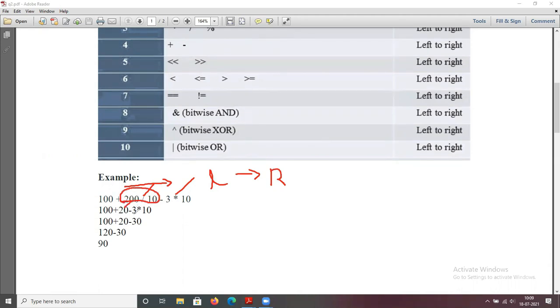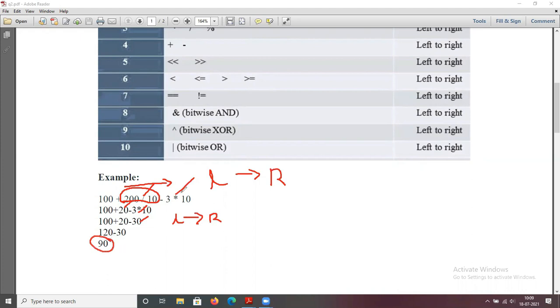Next, among plus, minus and asterisk, the asterisk has more precedence, so 3 into 10 is 30. Next, plus and minus have the same precedence, so evaluate from left to right. So 100 plus 20 is 120, minus 30, and the final result is 90.